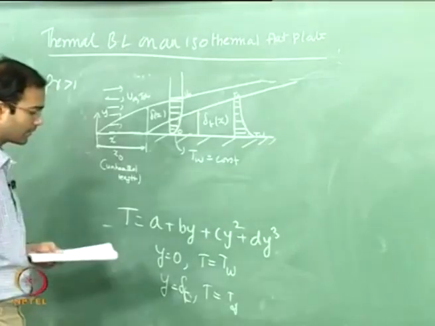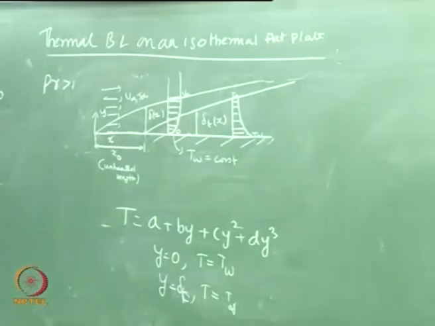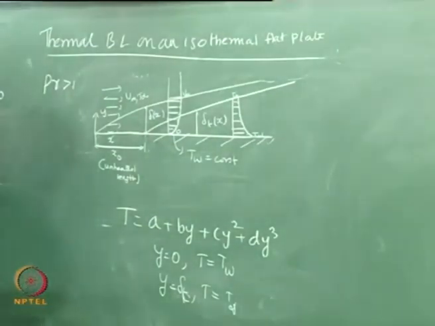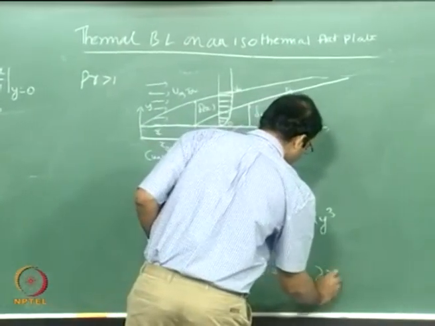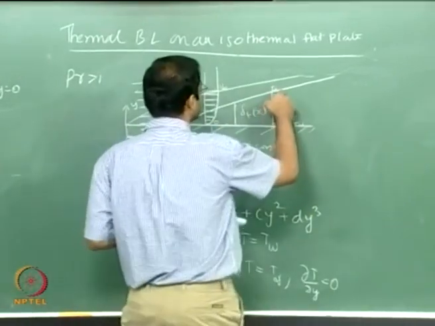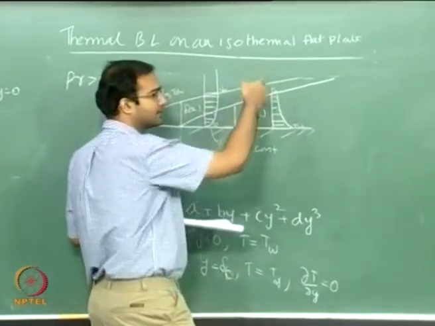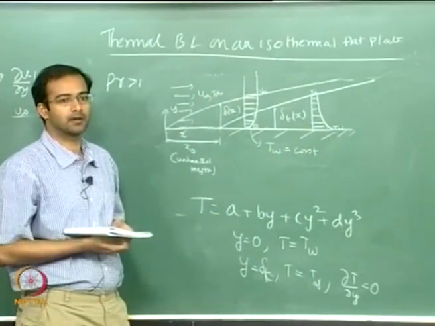So we need two more boundary conditions. At y equal to delta t, del T by del y equal to 0. You can see that once this reaches T infinity, after that the gradient will be 0, after the thermal boundary layer.